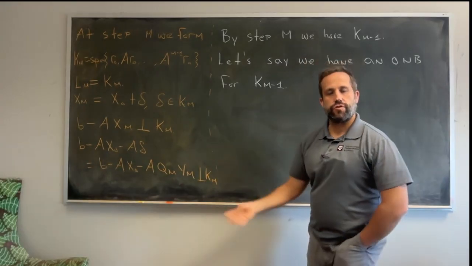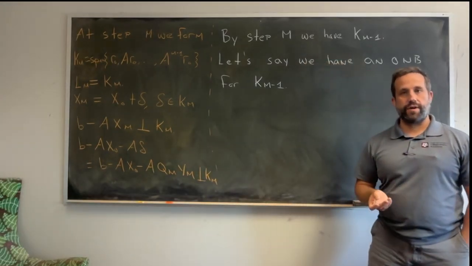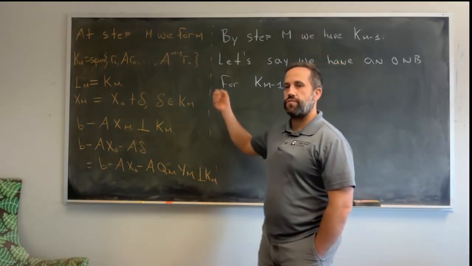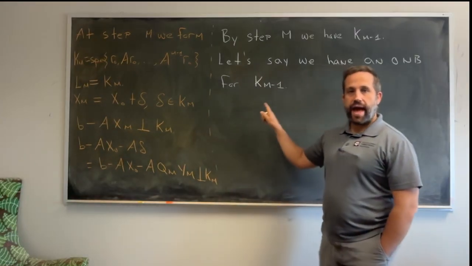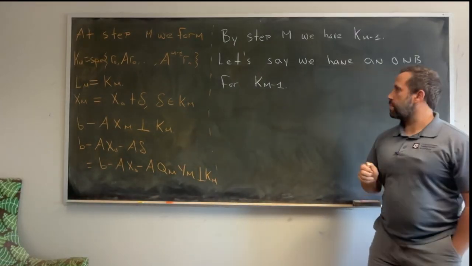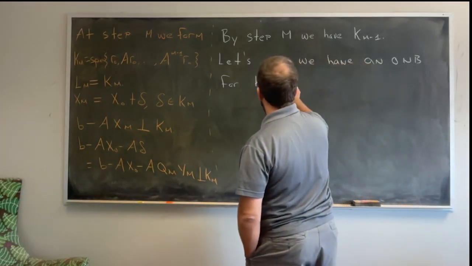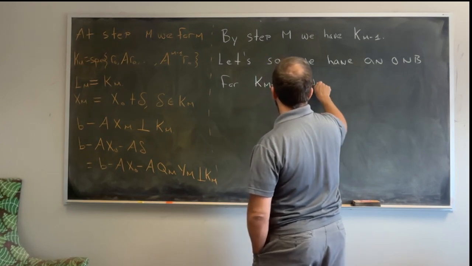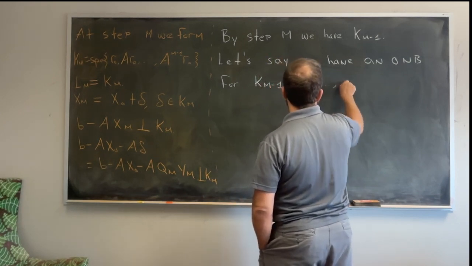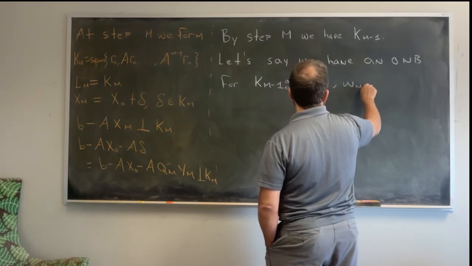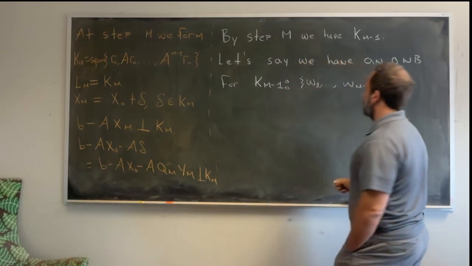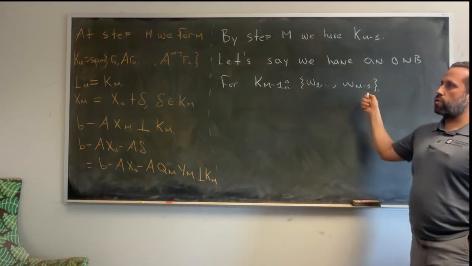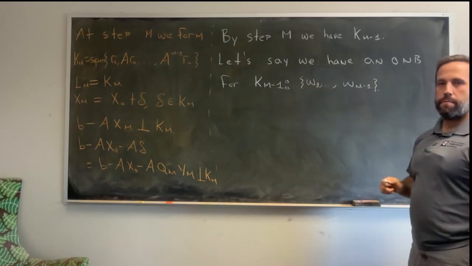So I'm going to give basically an inductive way for how we can form an orthonormal basis for Km. So let's say we have an orthonormal basis for Km minus 1, and we're going to call this w1 up to w m minus 1, and this is an orthonormal basis for Km minus 1.